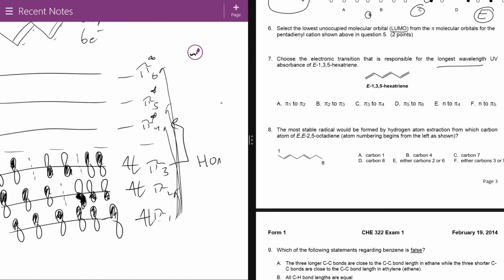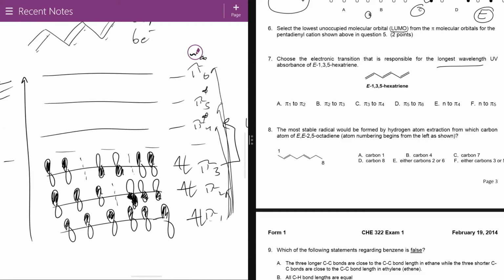And coincidentally, 3 is our HOMO and 4 is our LUMO. So we could move an electron up from 3 to 4 or to 5 or to 6, but the least amount of energy, since the scale is energy going up, we'll be moving one of these electrons up to pi star 4.